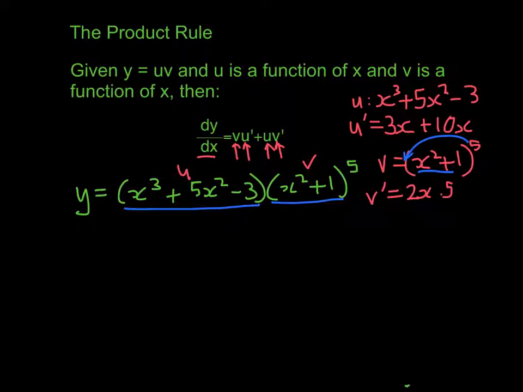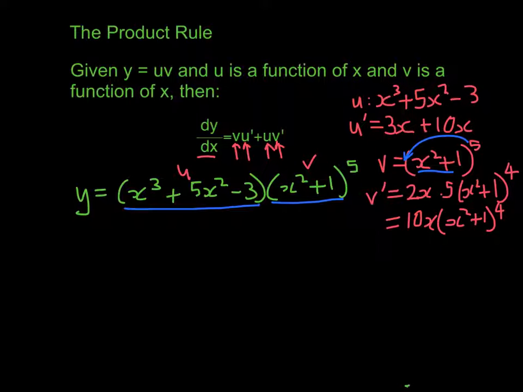And then we have the original brackets, x squared plus 1 to the power of 4. That can be summarized to be 10x outside of x squared plus 1 to the power of 4.